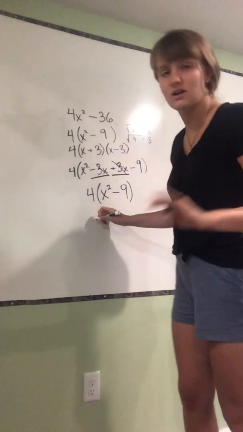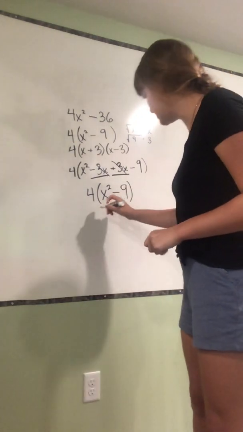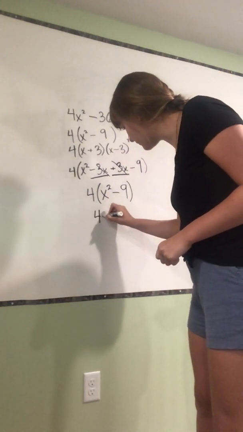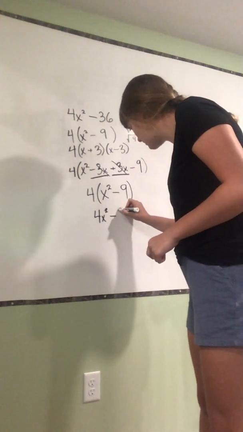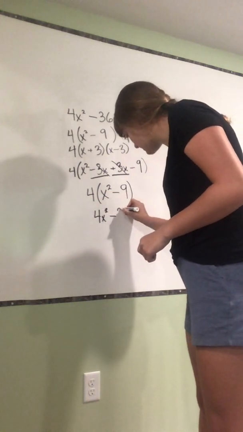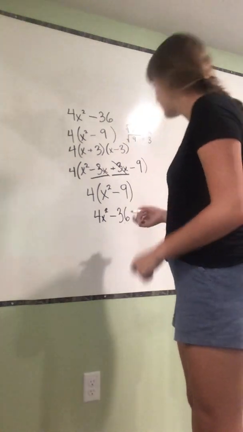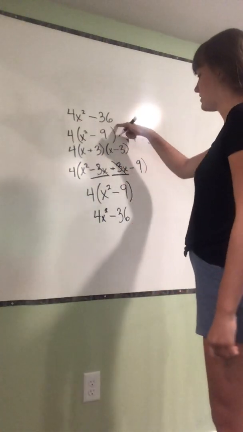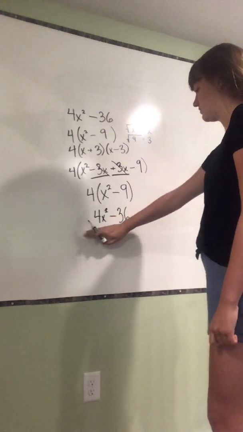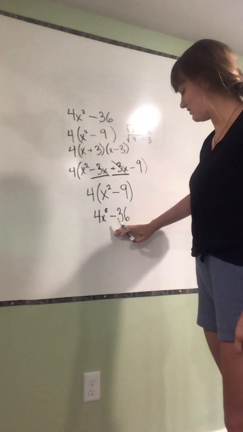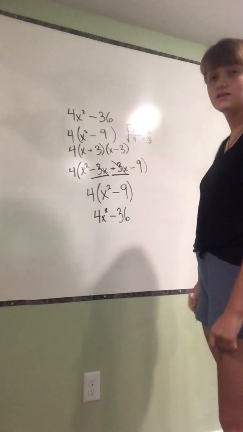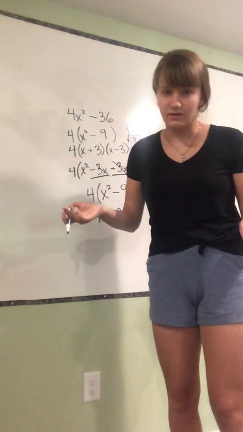Sorry about that. I was doing it right the whole time. So 4x squared minus 4 times 9 is 36. There we go. There's what we started with. We factored it to check. We unfactored it, or distributed, and we got the same thing that we had originally. So we did it right.